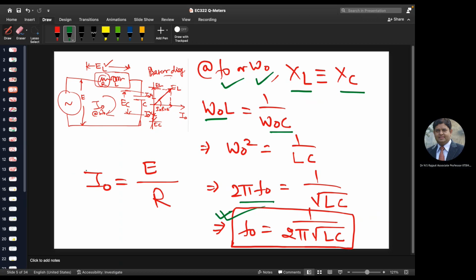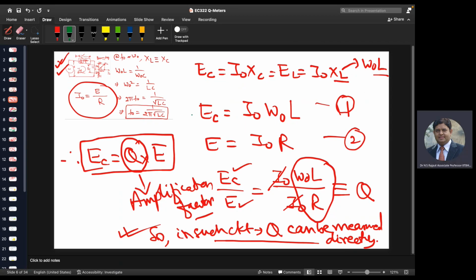Then what is the I naught? I naught is E by R, right? So this is how it can be calculated. Fine. Now you see, what is EC? EC is I naught XC, which at resonance is equal to EL, which is I naught XL, and therefore EC is equal to I naught omega naught L, because XC is equal to XL, so I can replace XC by XL.